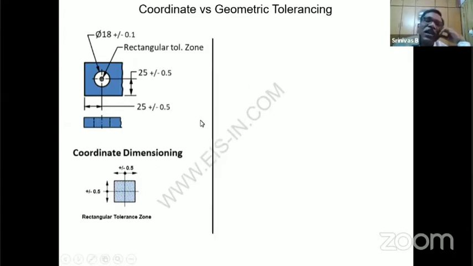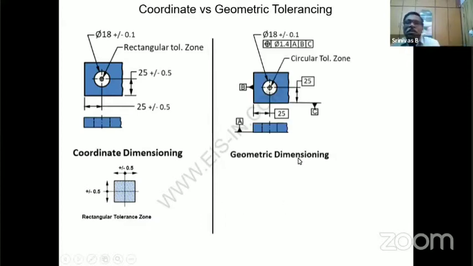Now, I would show you how to convert this into a GD&T drawing. This is a conventional drawing. This is, I am converting to GD&T. Same thing, sir. Size is same. Tolerance is same. Location dimensions have no tolerance. Location dimensions are kept in a box.